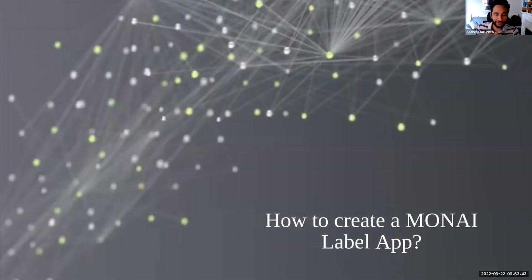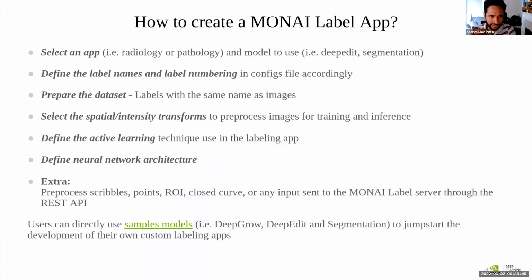So how to create a MONAI Label app? There are two important things to consider when you want to create a MONAI Label app. The most important one, I'm talking about, again, the radiology application. The first thing that you need to define is the number of labels that I want to segment. Say I want to segment the lungs, so right lung, left lung, and the airway.